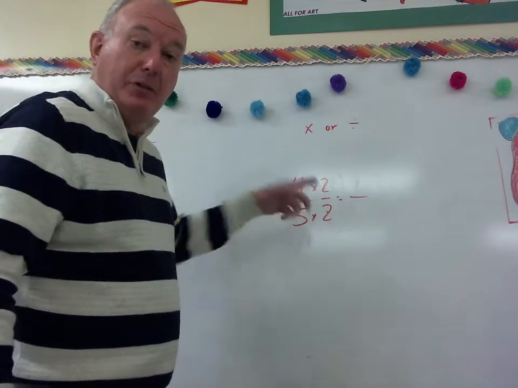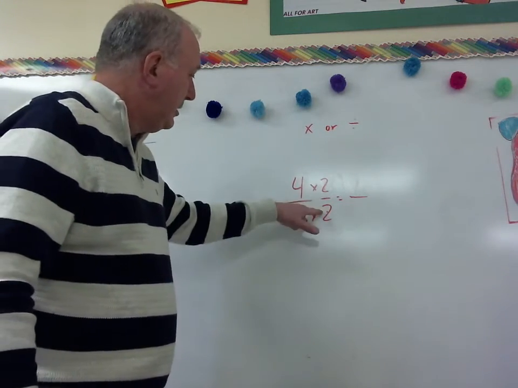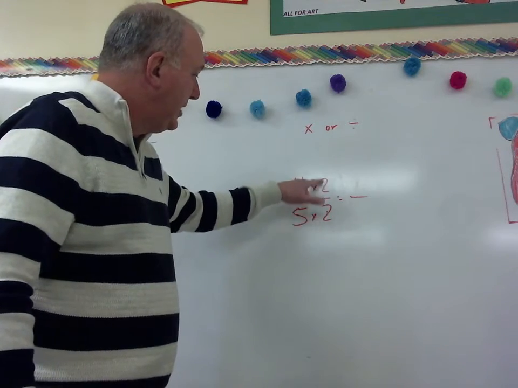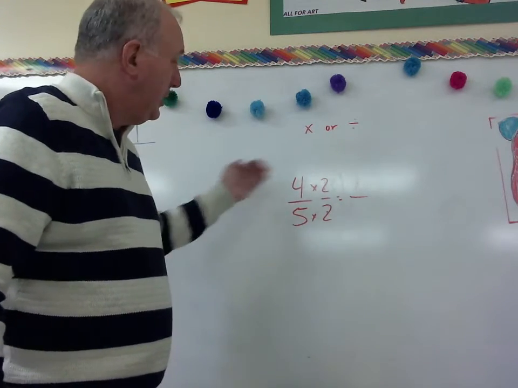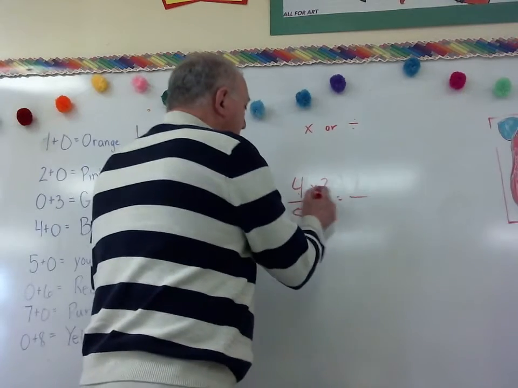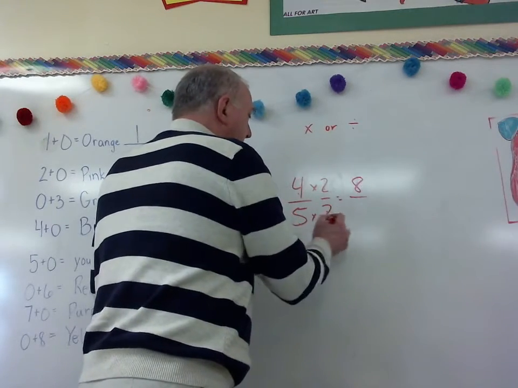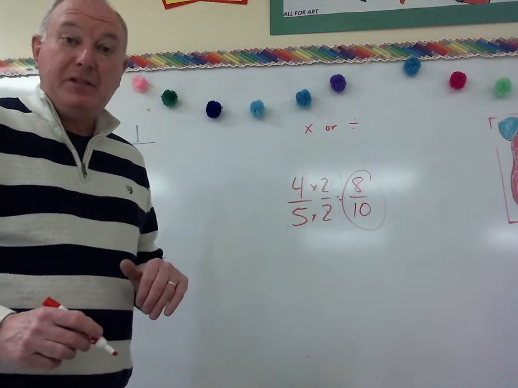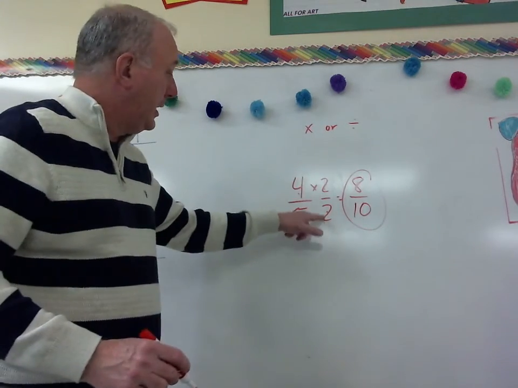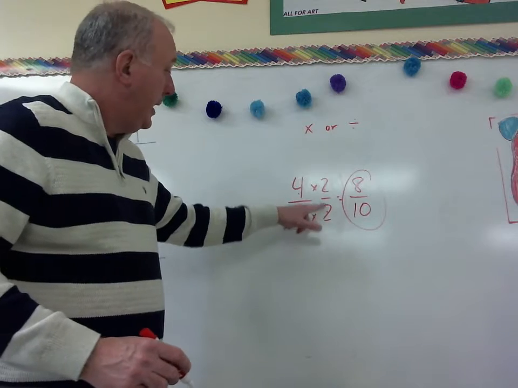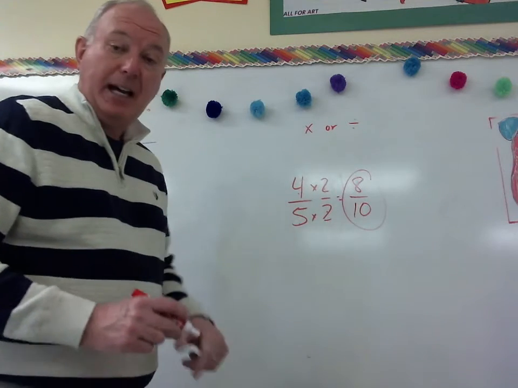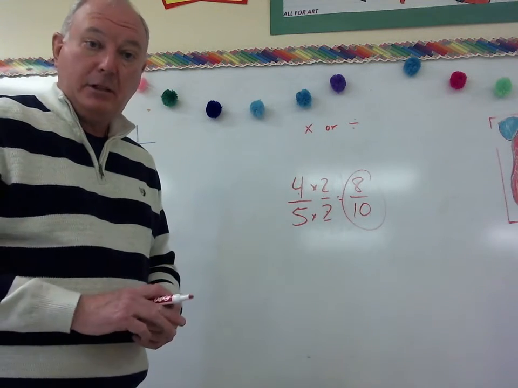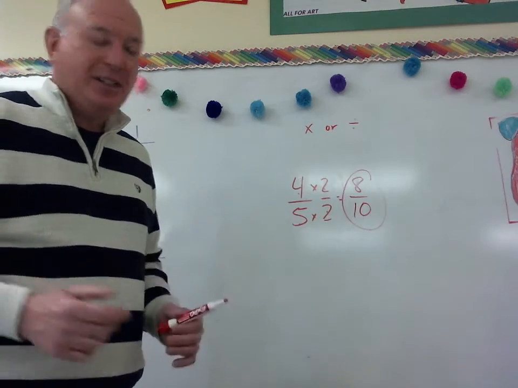If you chose 3, 3 on the top and bottom. 4 and 4, 5 and 5, 10 and 10, whatever you chose. And then you multiply across. 4 times 2 is 8, and 5 times 2 is 10. So I've got 8/10. You may have something different. That's fine, as long as you multiply correctly by a number over itself, whatever number that is. Could be, like I said, 100 over 100 if you wanted to.